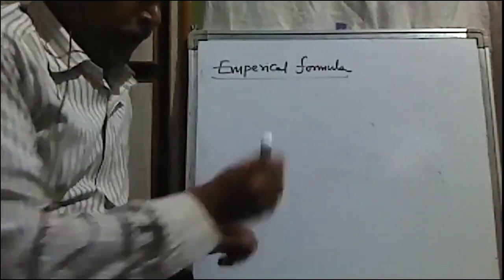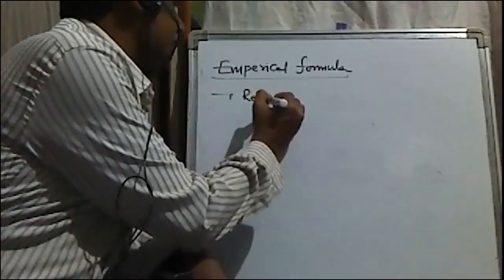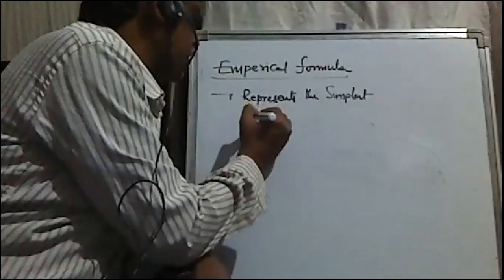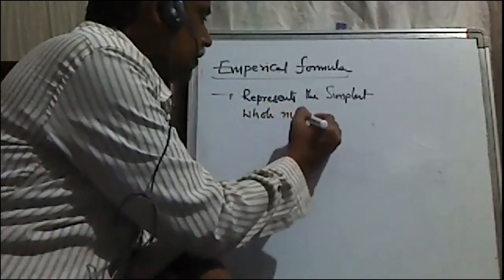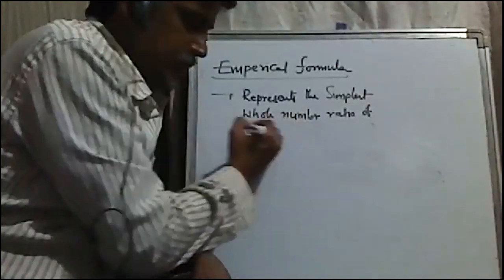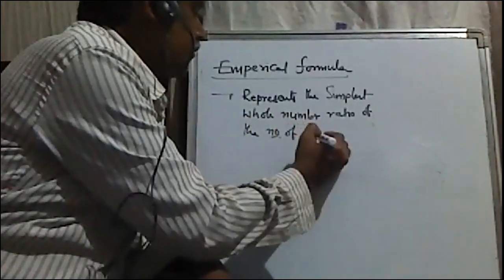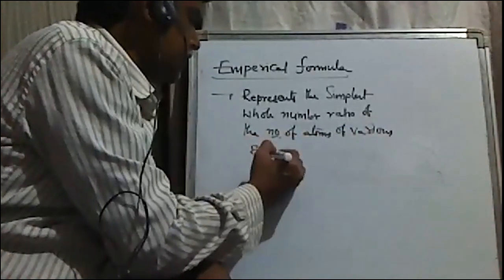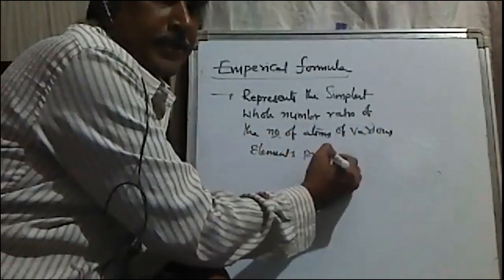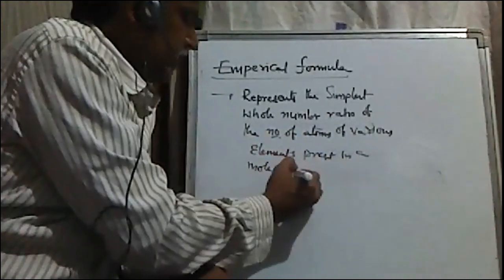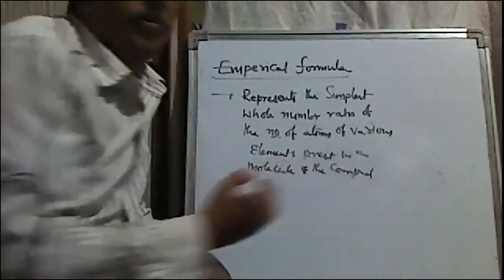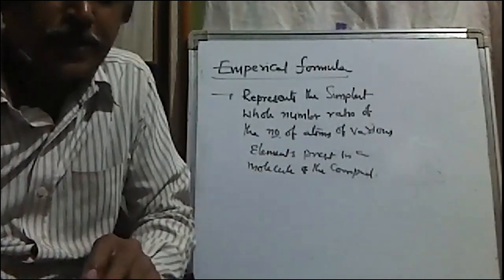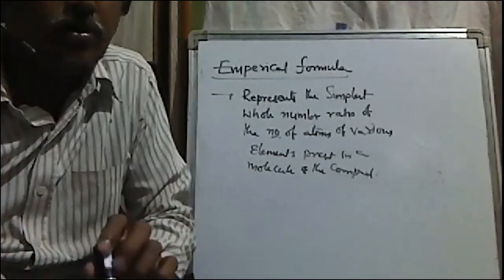Now, what is the empirical formula? Empirical formula represents the simplest whole number ratio of the number of atoms of various elements present in a molecule of the compound.